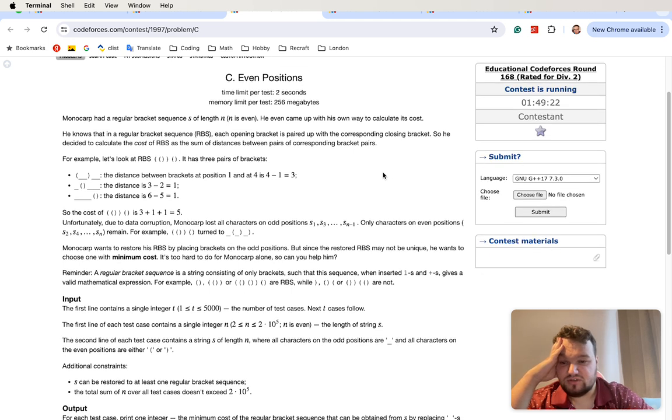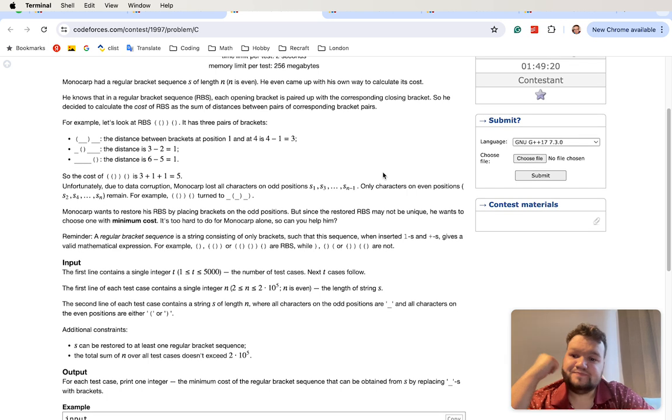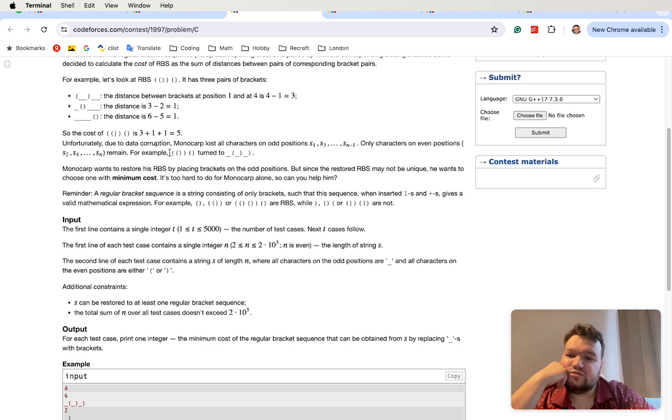Okay, sure. Unfortunately, due to data corruption, we lost all characters on odd positions, only characters on even positions remain. He wants to restore it and choose the one with minimum cost. Well, okay.